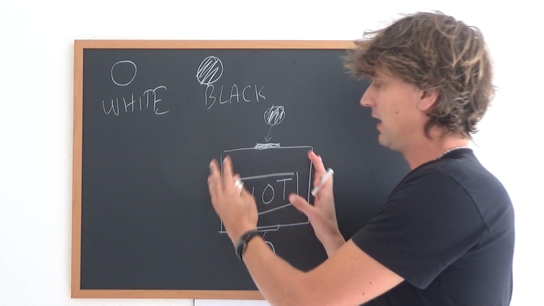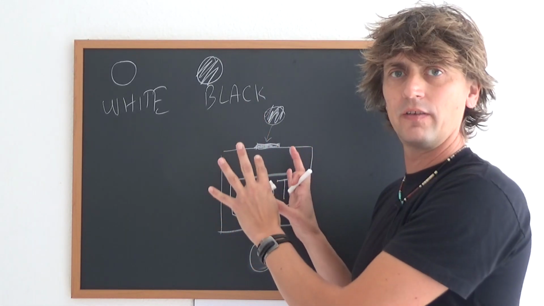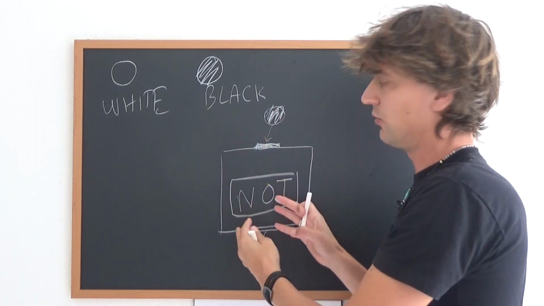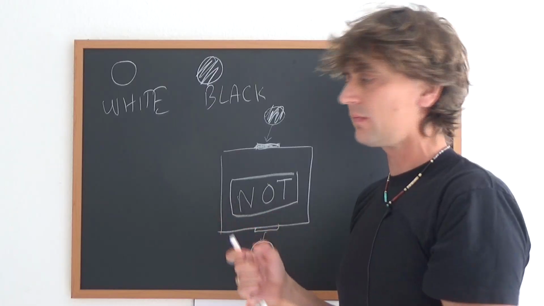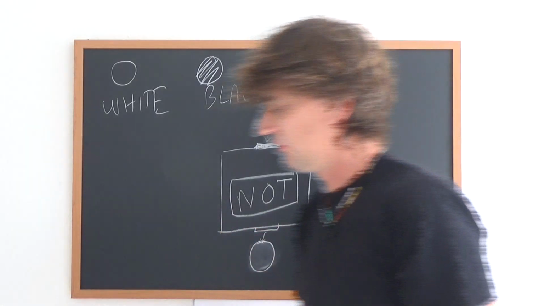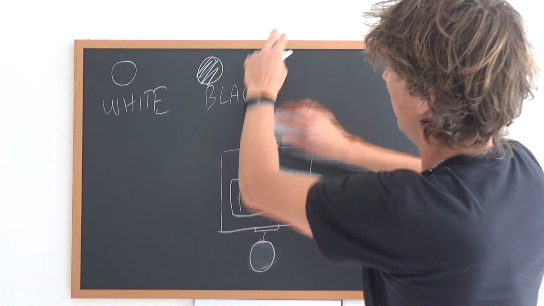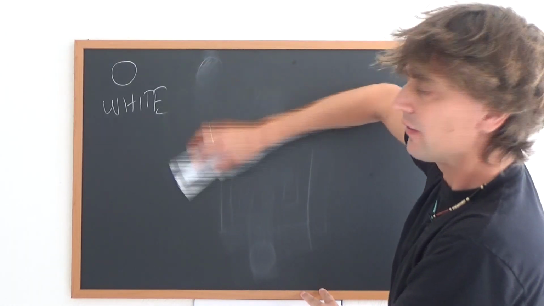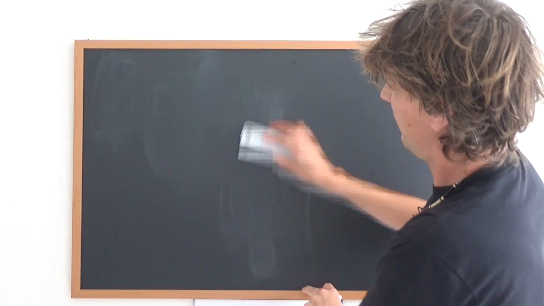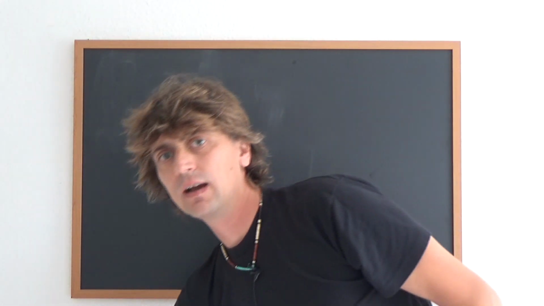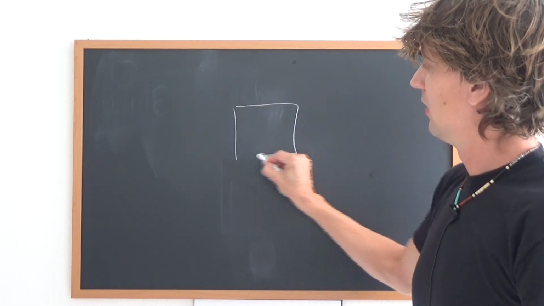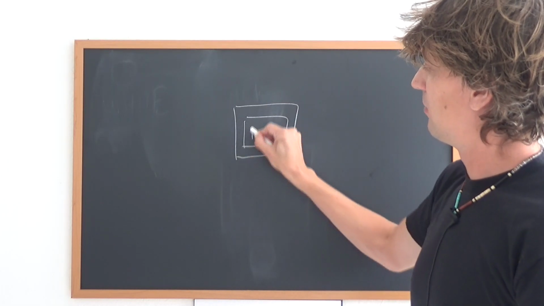We don't actually ask the question what's going on inside this box. We just know that the effect on the color of the ball is to change the color. So here's the first question for you. What do you think happens if I take two of these not boxes and stack them one on top of the other? So I'm going to take not box number one.